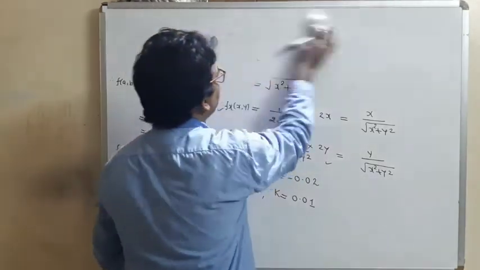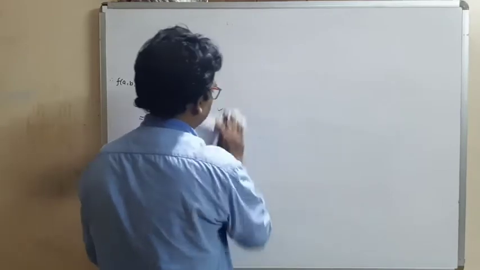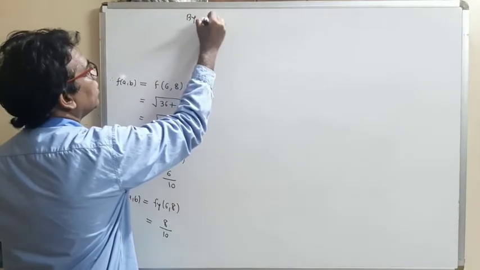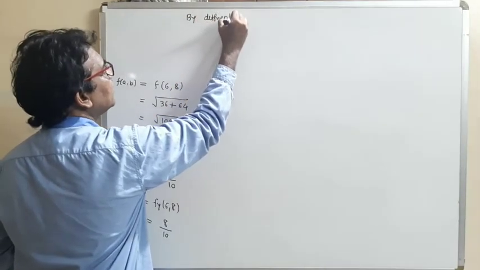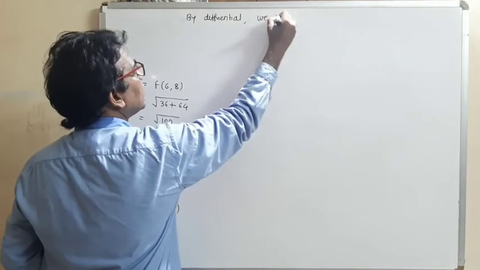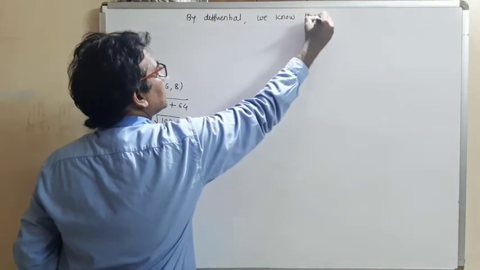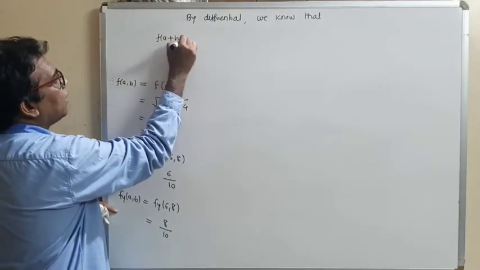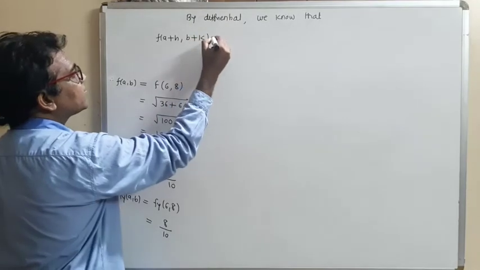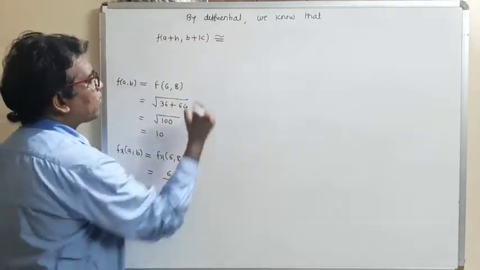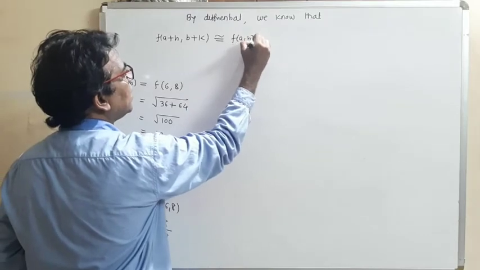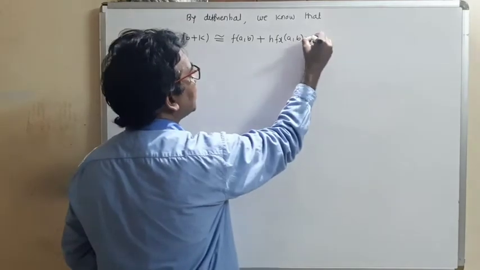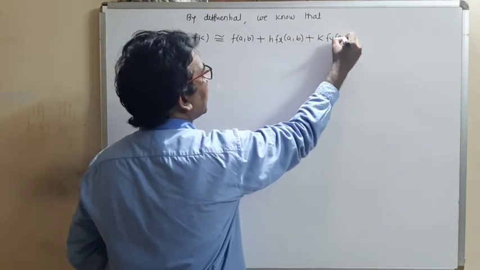Now use the differential formula. Write down the formula. By differential, we know that f(a plus h, b plus k) is approximately equal to f(a, b) plus h fx at (a, b) plus k fy at (a, b).